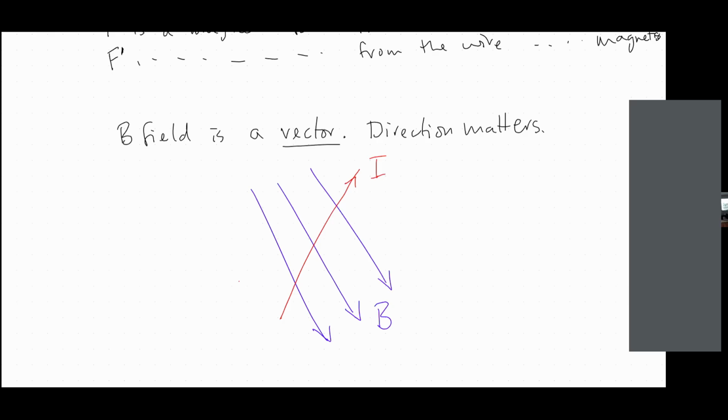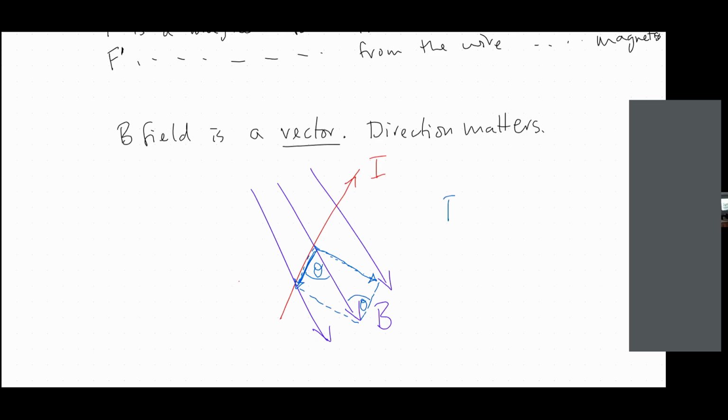Right, now I need the component that is perpendicular to and parallel to my current. Can you see that if I'm using that B field there, this is the perpendicular component and this is the parallel component. And let's suppose that that is the angle theta. Can you see that that bit there is also theta? And so it's going to be B sine theta.